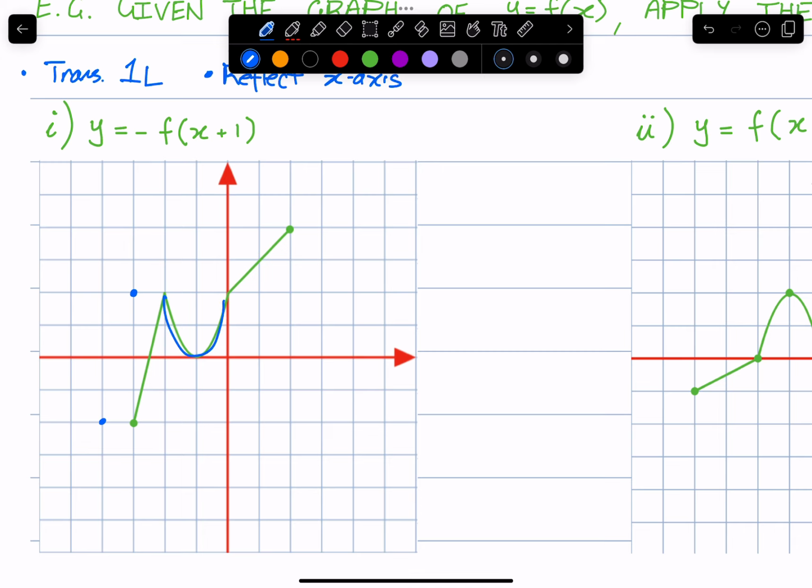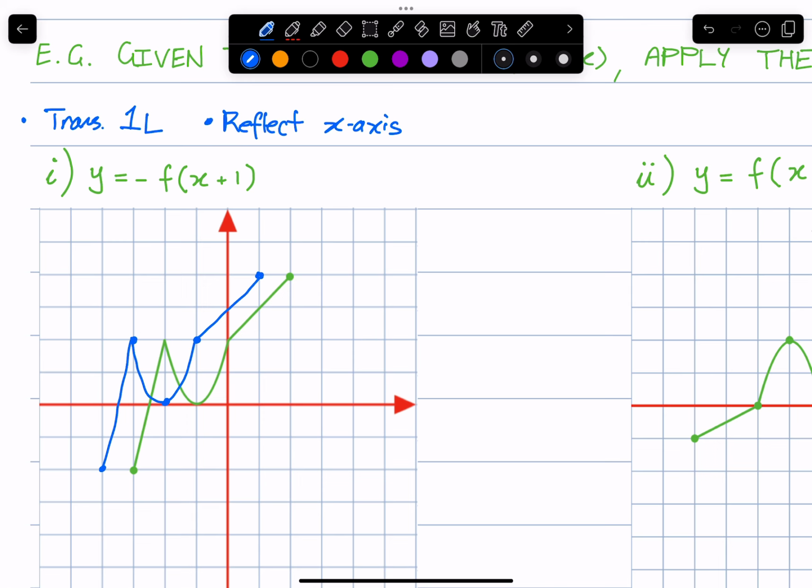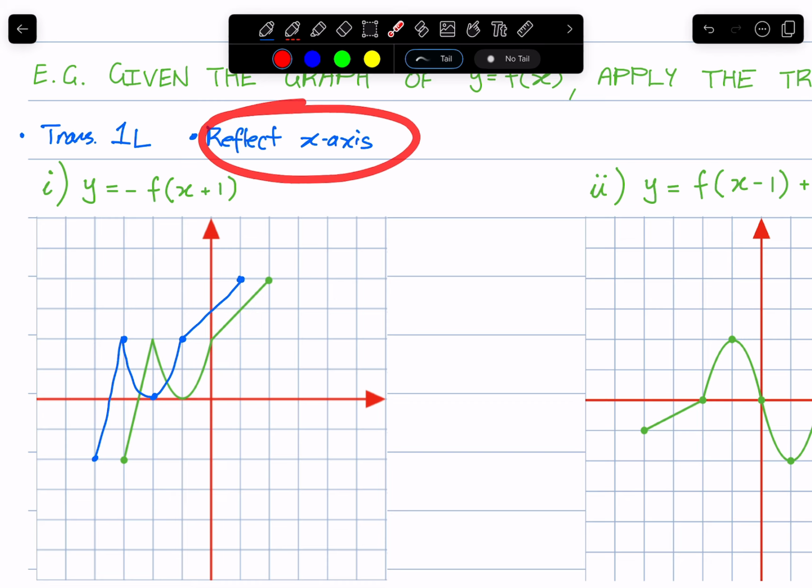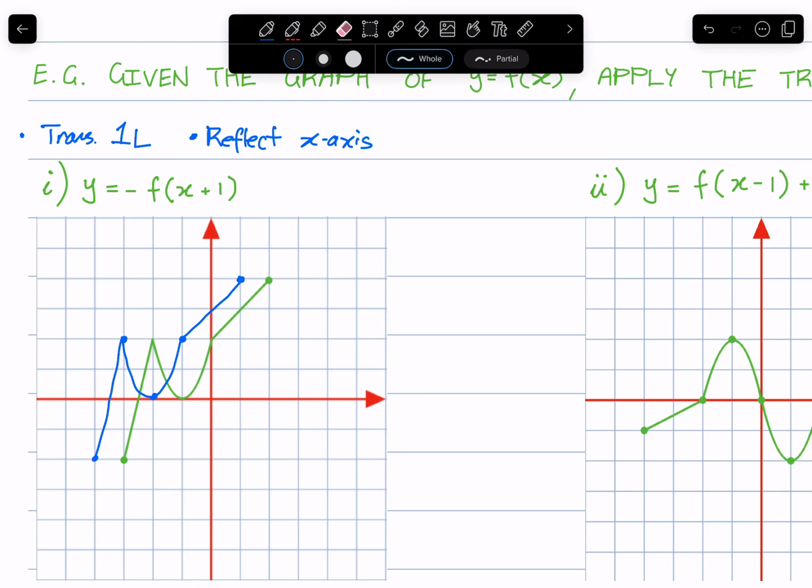This turning point of this cup is moving 1 unit to the left. This point here, 1 unit to the left. And this point here will also be 1 unit to the left. So currently, our function should look something like this. That is our translation, 1 unit to the left. But now we're going to reflect everything along the x-axis.